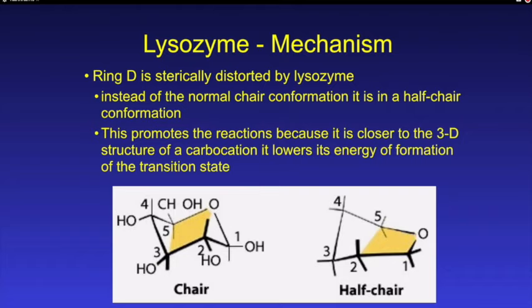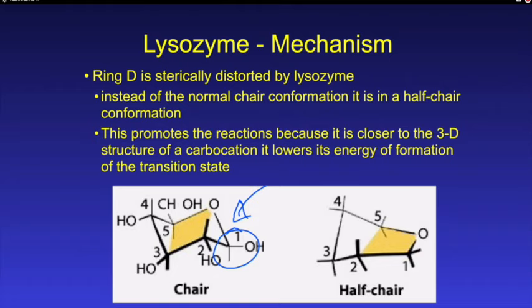Now remember, I told you the D ring actually had a negative interaction for binding. The reason is, as the sugar would come down, normally in the chair conformation, the one carbon here actually butts up and hits against the protein, where there's a steric interaction between the two.